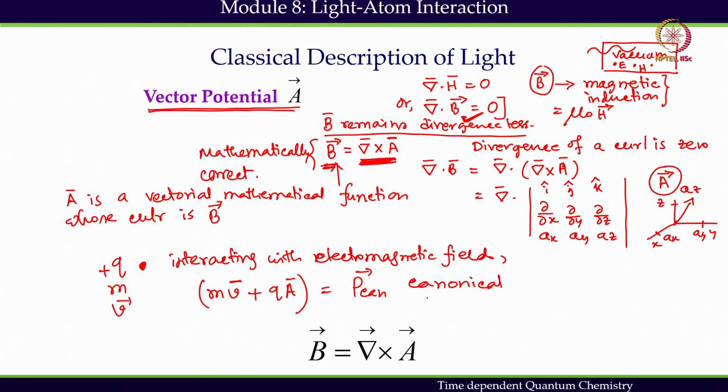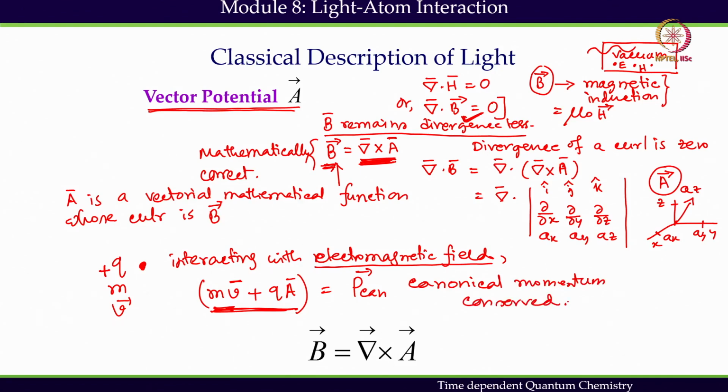So just one thing we should remember, that when a charged particle is present and interacting with electromagnetic field, its inertial momentum is not conserved. Its total canonical momentum or generalized momentum is conserved. So this is conserved, and that can be proved.